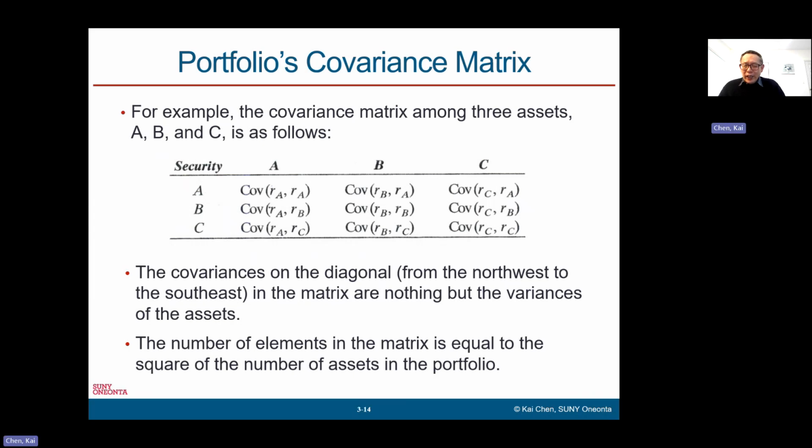Thus, an element in the matrix shows the covariance between the row asset and the column asset.